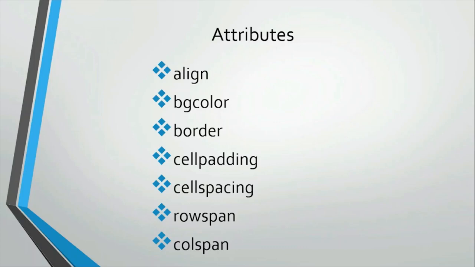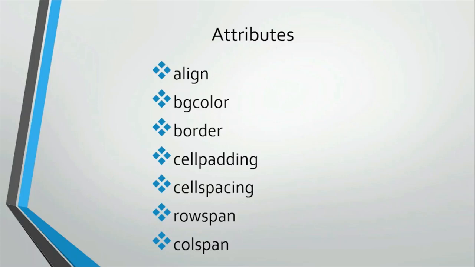Next comes the border. It is used to specify the width of the border in pixels, and the default value is 0 pixels, so no border will be displayed. Then cellpadding specifies the space between the content and the border of a table cell. Its default value is also 0.